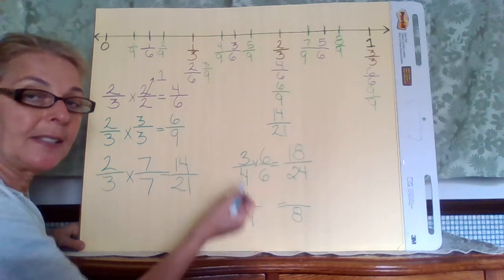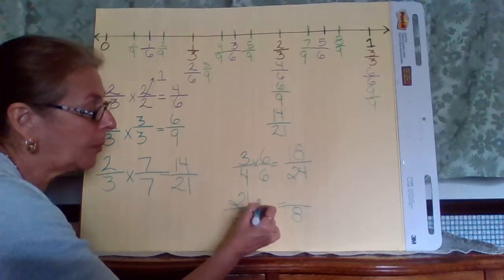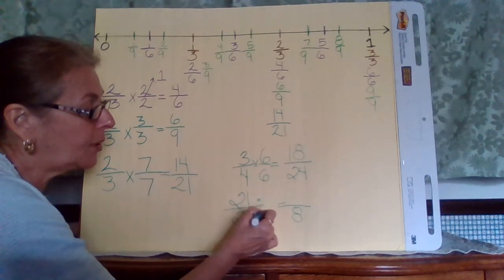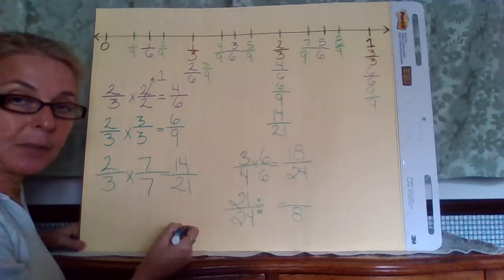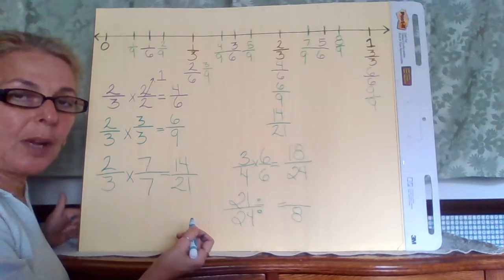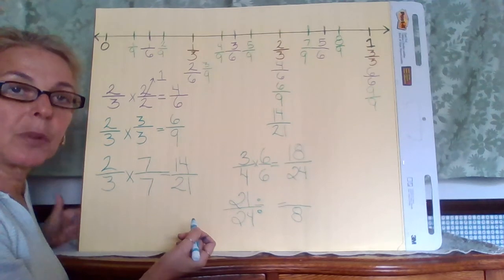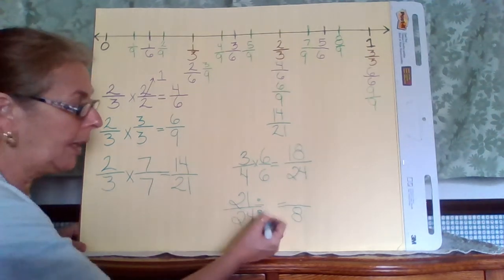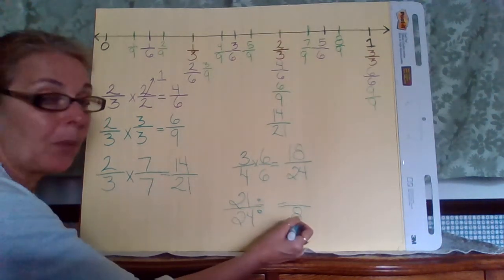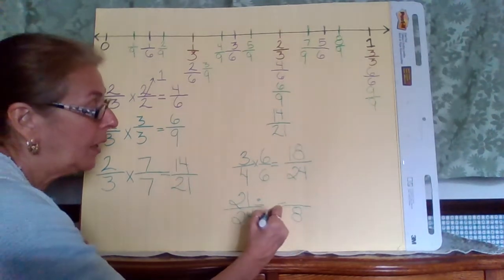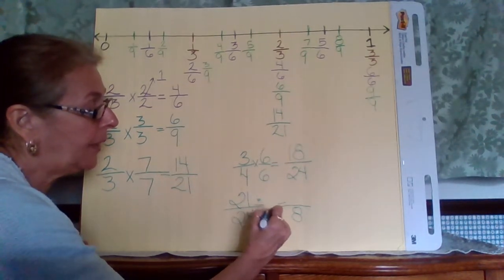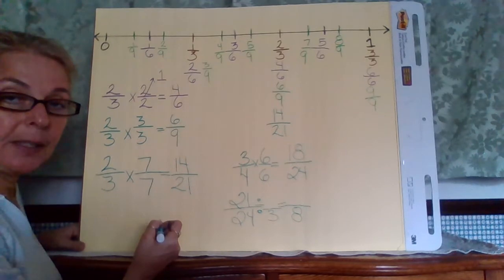In this case, instead of multiplying by the same number, I'm going to divide by the same number. And it works the same way because dividing by the same number is really just dividing by 1, right? So 24 divided by what number is equal to 8? 24 divided by 3 is equal to 8.